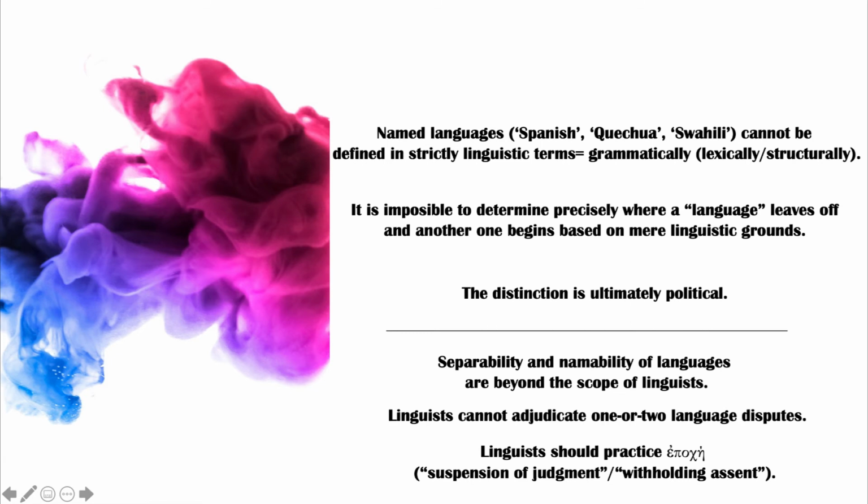Now, epoche was used in Hellenistic philosophy as a technical term that has been typically translated as the suspension of judgment, but also the withholding of assent. So a linguist cannot judge whether these entities are either one or two different languages, and the duty of a linguist, qua linguist, is to withhold assent.